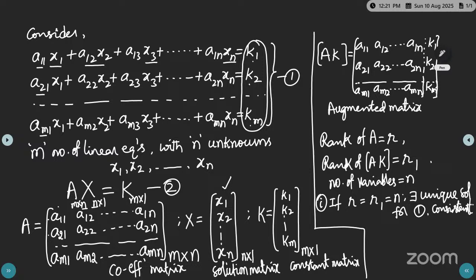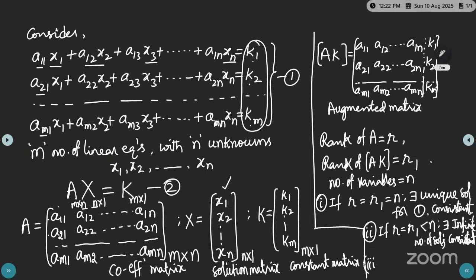Next, the second point: if r equals r1 less than n, there exist infinite number of solutions, and the system is consistent.